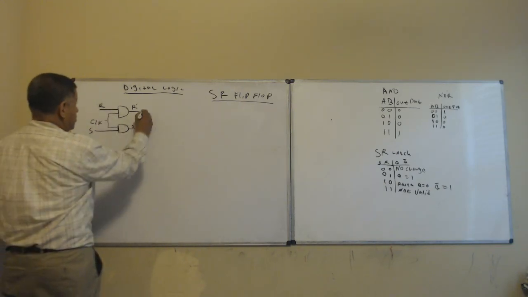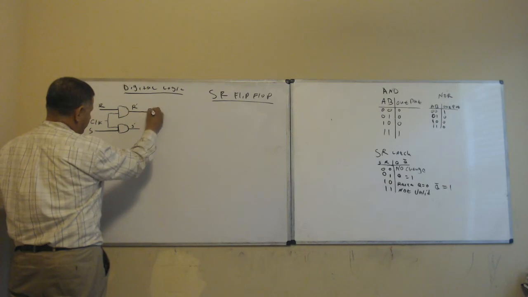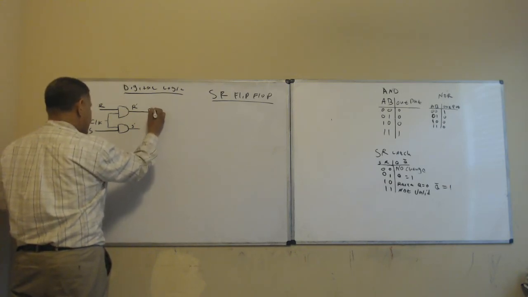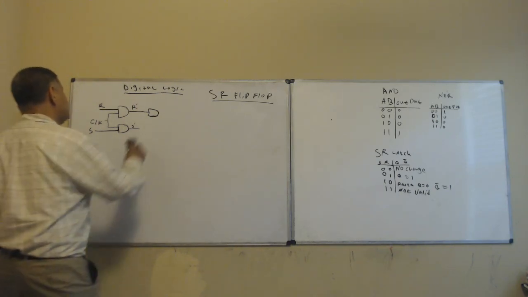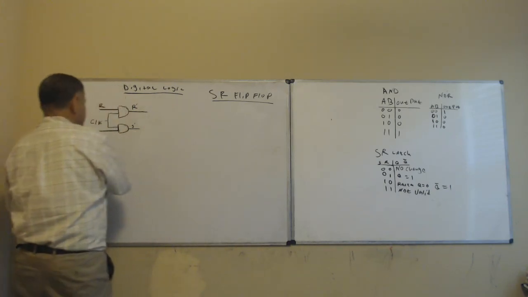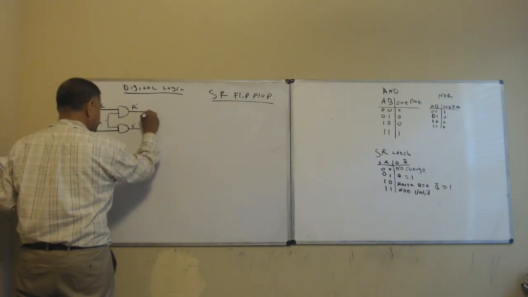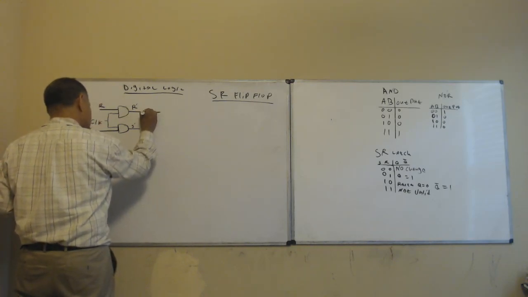Okay, so let's do this. Now we have an OR, right? I hope you remember from last video that we had an OR gate coming in like this. So it's an OR.